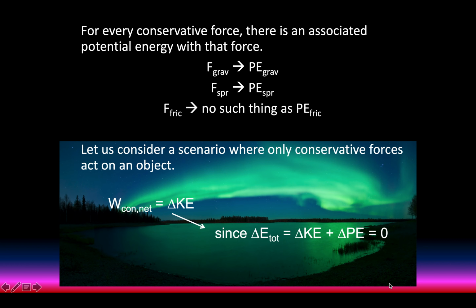Since only conservative forces are present, then the total change in energy will be the change in the object's kinetic energy plus the change in the object's potential energy, and that must add up to 0 because the total change in energy must be 0. Therefore, the change in the object's kinetic energy should be equal to the negative of the change in that object's potential energy. And therefore, the total work done by all the conservative forces acting on that object is equal to the negative change in that object's potential energy.